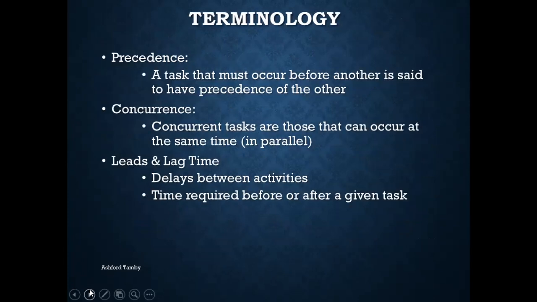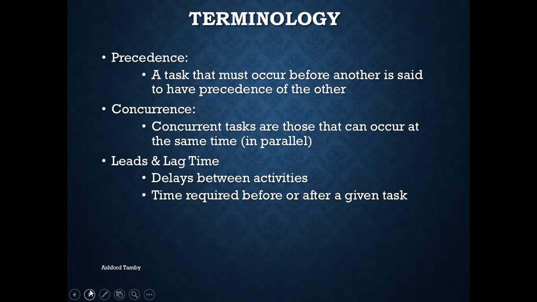Precedence, concurrence, lead and lag. We talked about lead and lag, but precedence: a task that must occur before another is said to have precedence over the other one, right? The preceding task. So in order for task B to start, A must be completed, right?